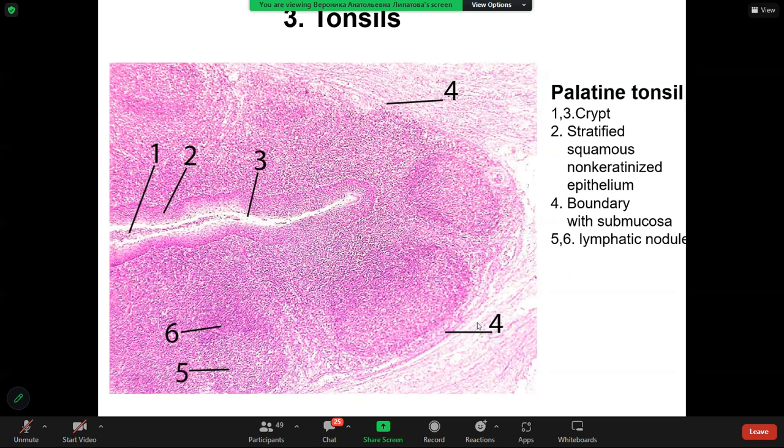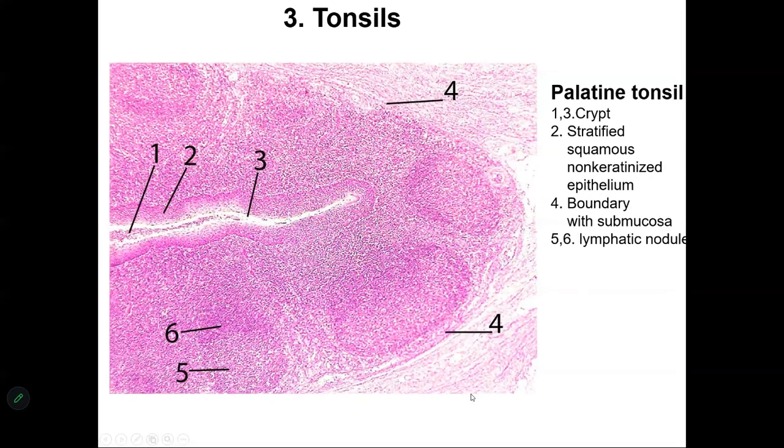After this, the boundary with submucosa, and here in submucosa sometimes we can see mucous glandular epithelium, and under the submucosa, skeletal muscles, but not in this photo. First of all, we can see lots of lymphatic nodules and the very deep crypt lined with stratified squamous non-keratinized epithelium. This is the typical view of the palatine tonsil.